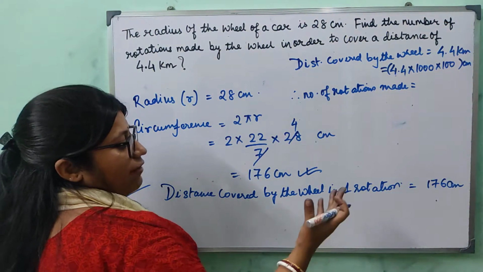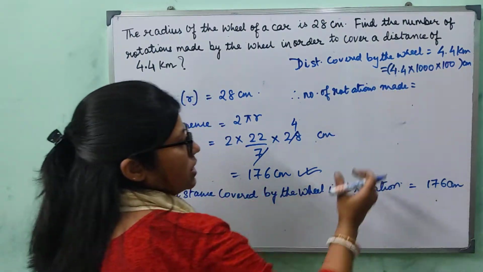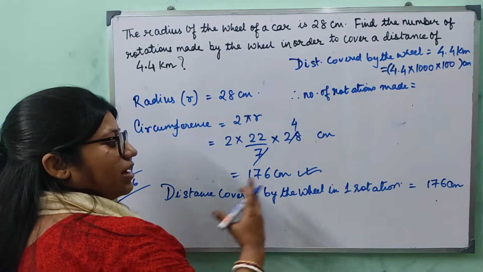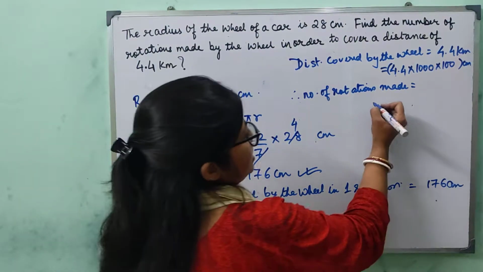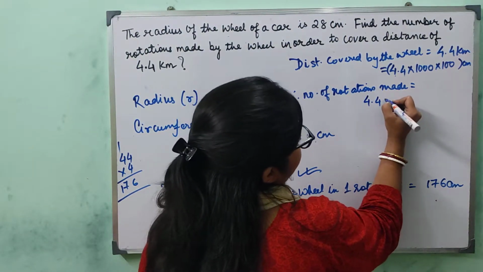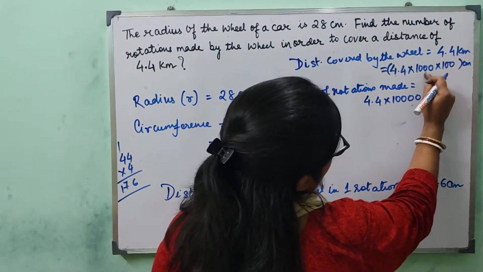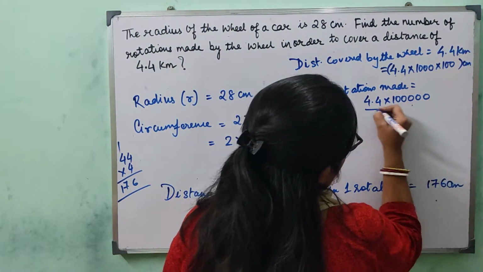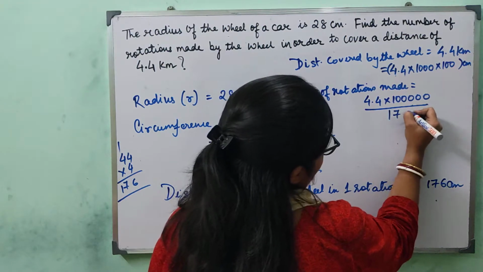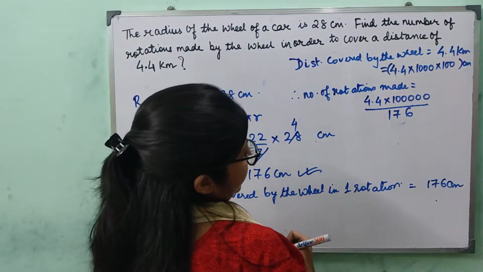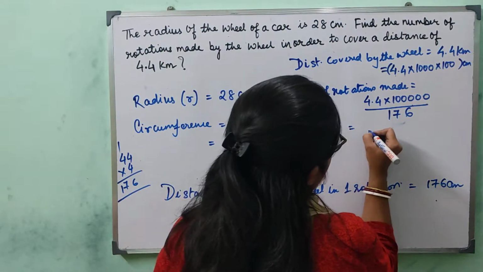So we have to divide the total distance covered by the distance covered in one rotation. That is 4.4 into 100000 by 176. All right, so this will simplify.